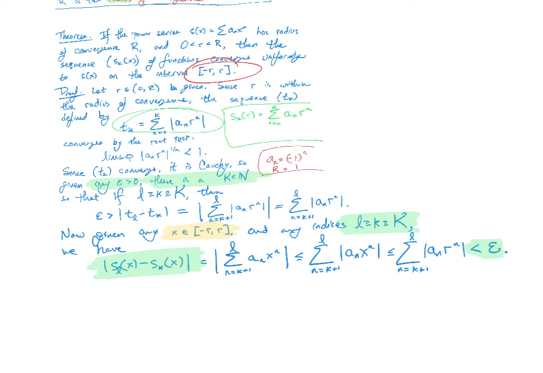Well, since we already know this sequence of functions has a pointwise limit, the fact that the difference between any two of them is less than epsilon means that the distance between any one of them and the limit is also less than epsilon.